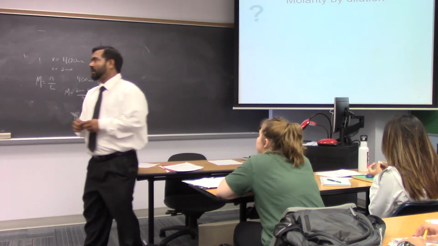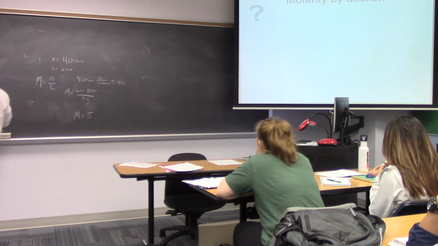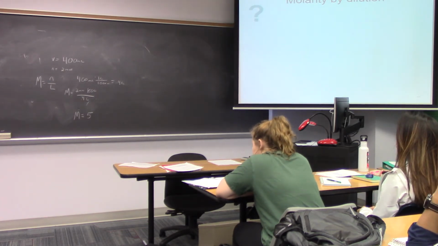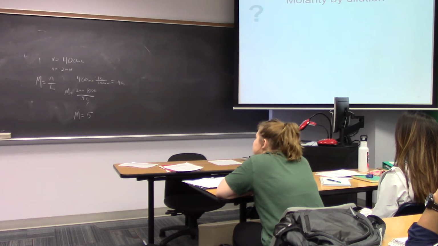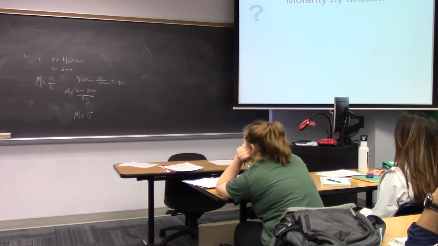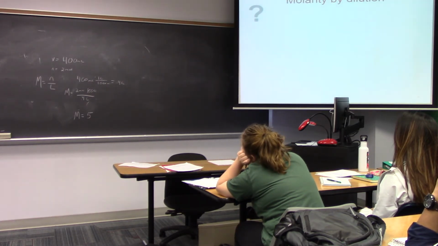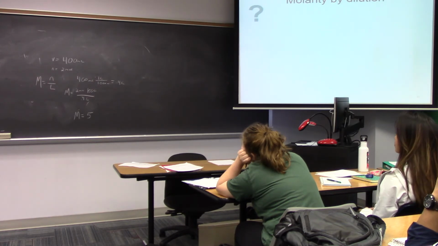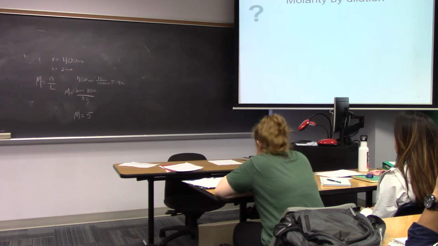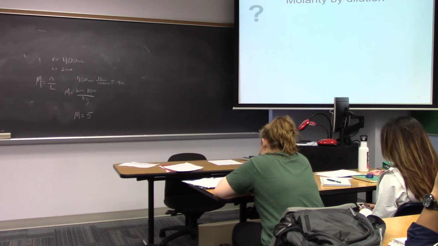So how do you dilute it? For instance, in this flask I have a very small amount left. For instance, I have 100 milliliters of HCl, very concentrated, which is maybe 10 molar.